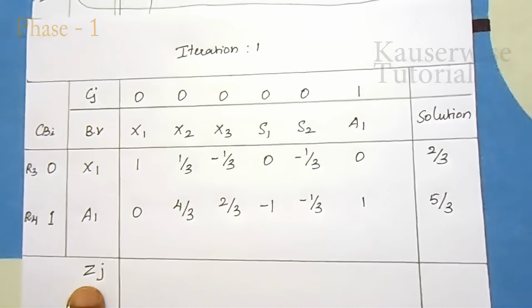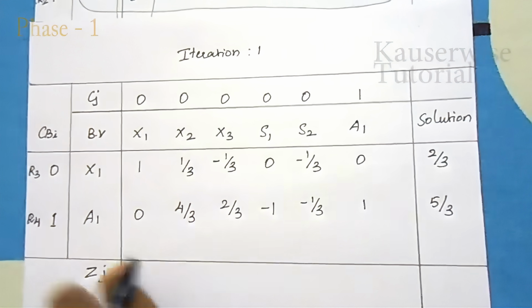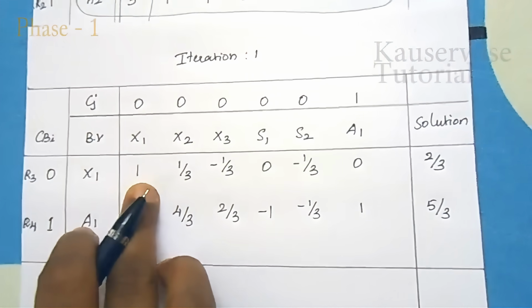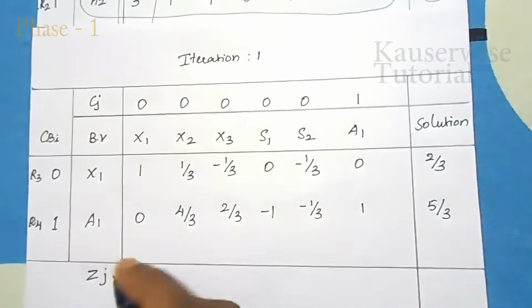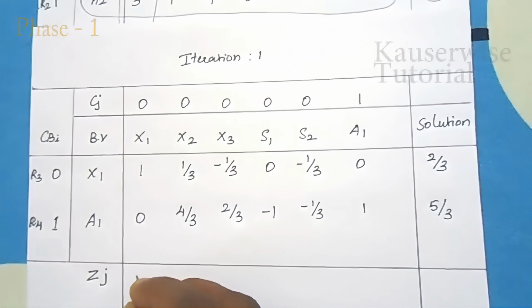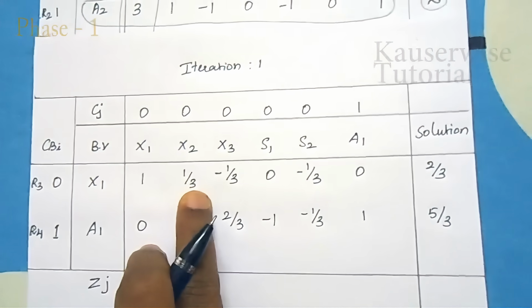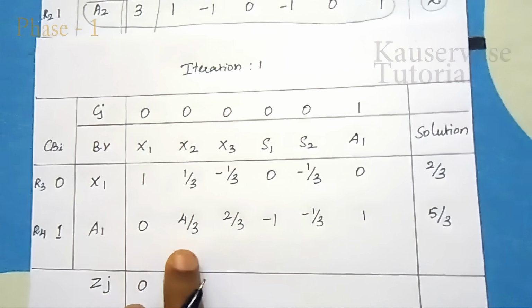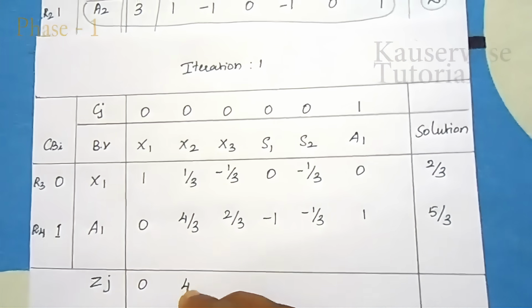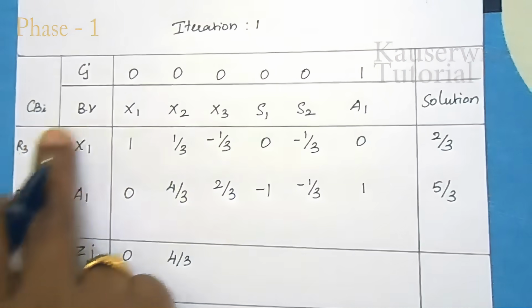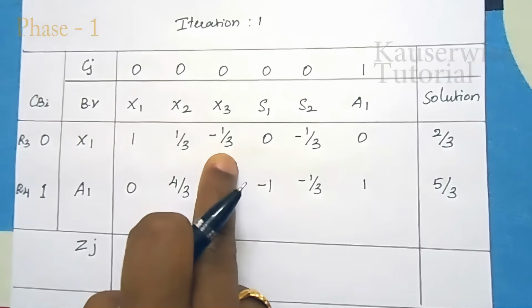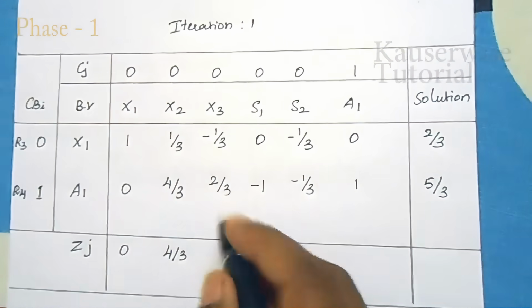Now we need to find the Zj values. For the first one, 0 into 1 plus 1 into 0, you will get 0. For the next value, 0 into 1 by 3 is 0, plus 1 into 4 by 3, 4 by 3. Next one, 0 into minus 1 by 3 is 0, plus 1 into 2 by 3, 2 by 3.